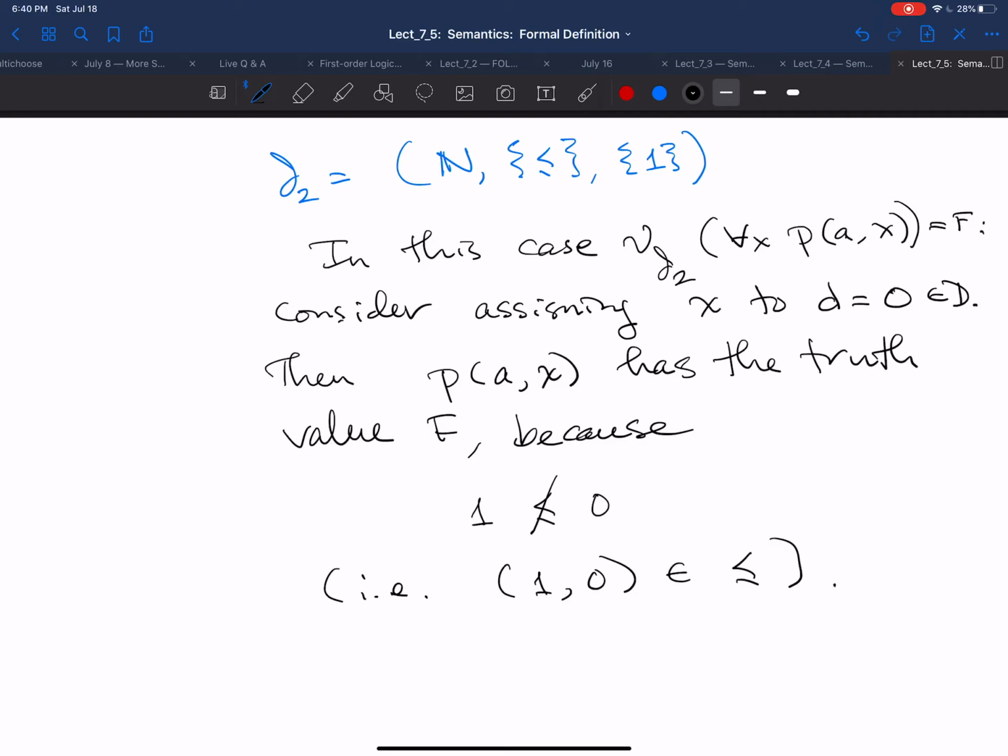So there exists an assignment of an element D of the domain to our variable symbol x, such that P(ax) has the truth value f. And that means that the universally quantified formula cannot have the truth value t, so its truth value is f, just as we said.